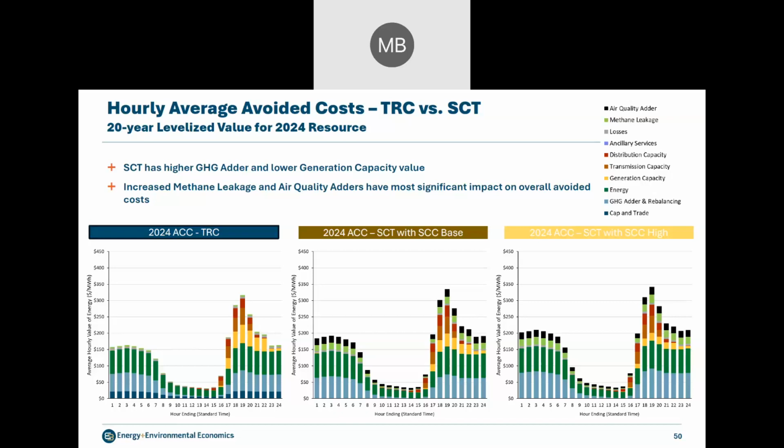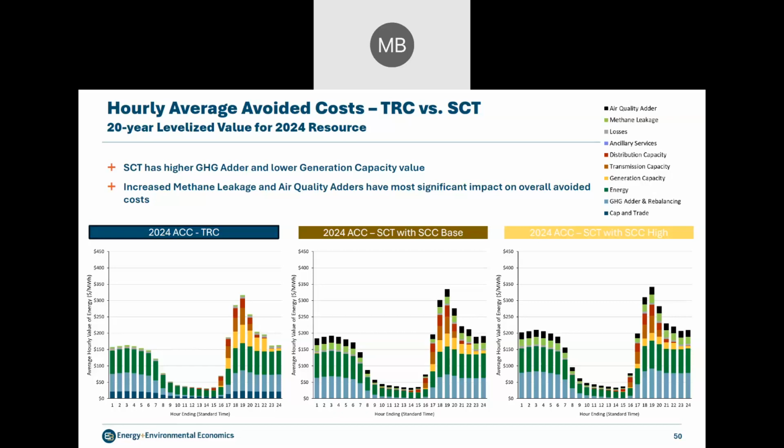So the GHG is the light blue part, and the capacity is the yellow part. And overall, the SCT has higher avoided costs, and that's mainly because of the higher methane leakage rates and the addition of air quality adders.